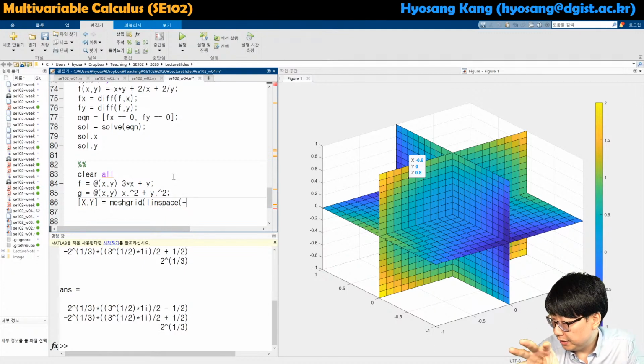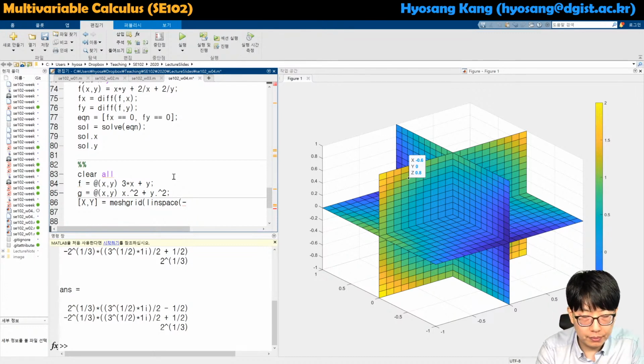Because at least I have to put this circle of radius square root of 10 inside, my points should be at least from minus 3 to 3.